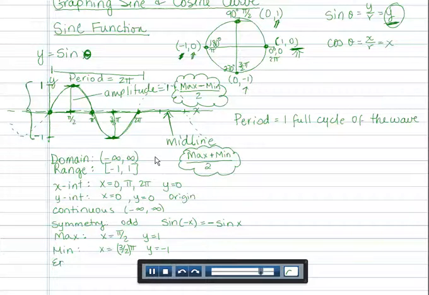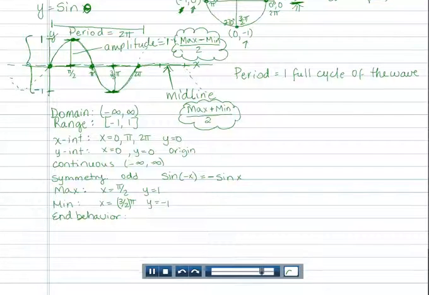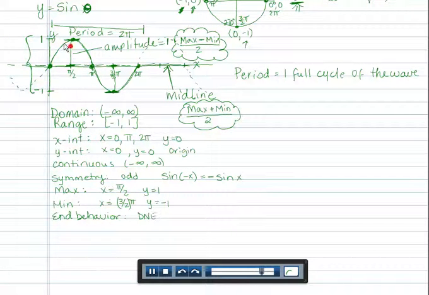End behavior. Okay. The end behavior does not exist, because the function doesn't really approach any particular value. It just always oscillates, which leads us to oscillation. Between which values does this function oscillate? It oscillates between negative 1 and 1.